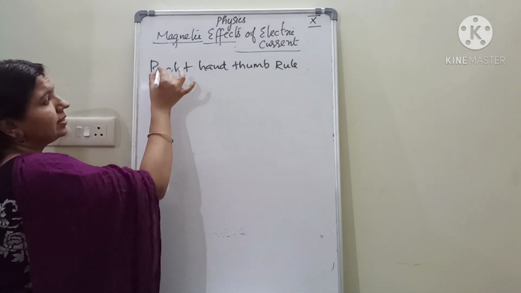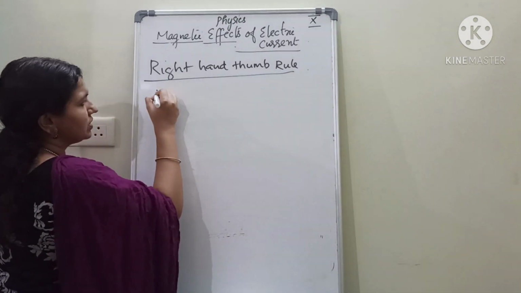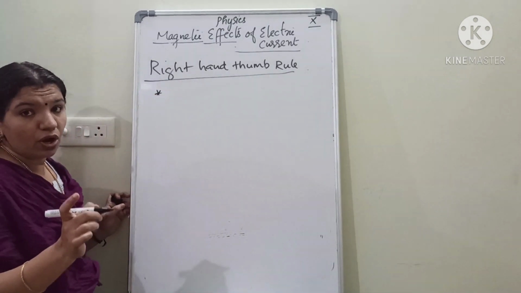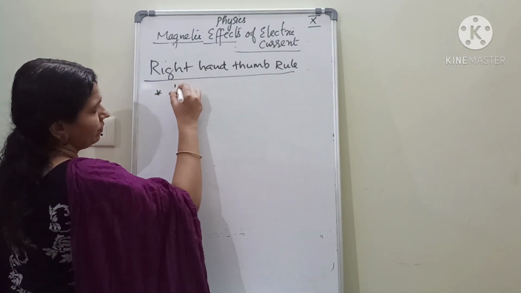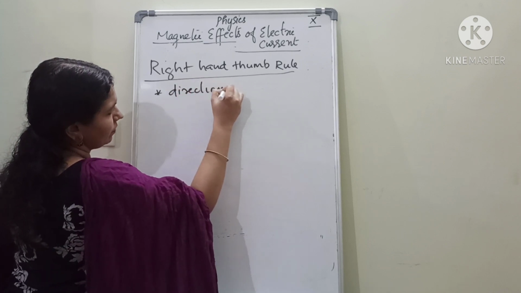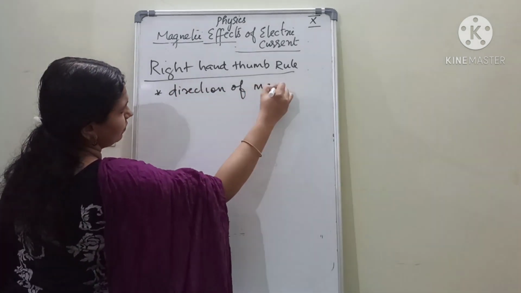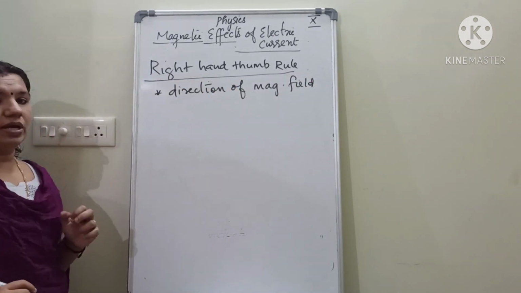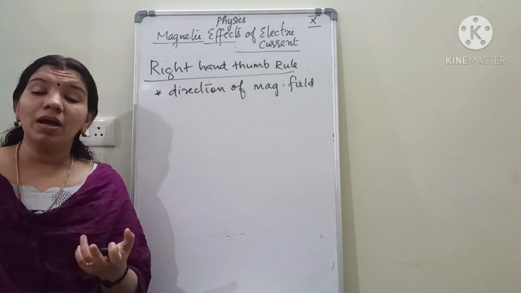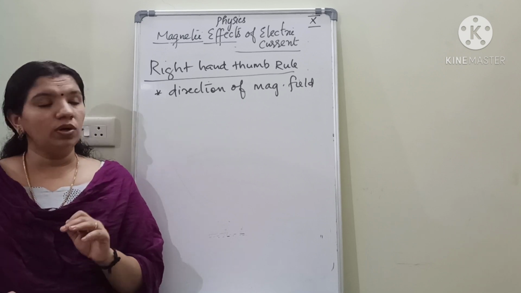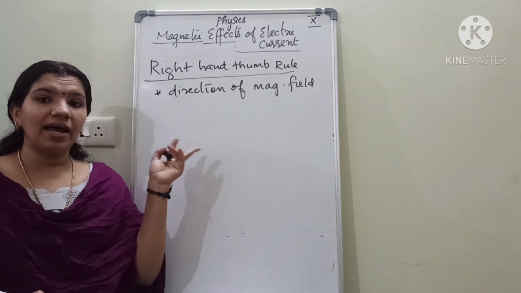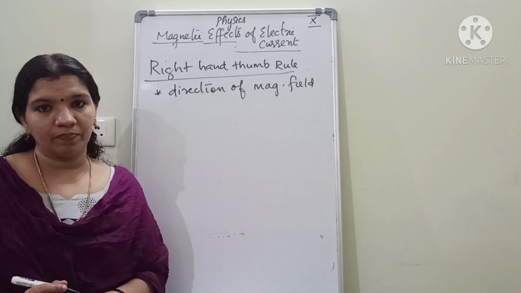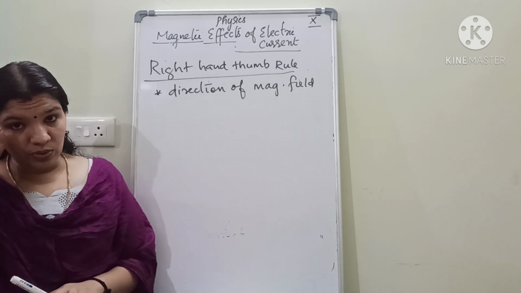As I told, this right hand thumb rule is used to describe the direction of magnetic field. So if a question is asked like name and state the rule used to describe the direction of magnetic field, what will you say? First you have to name the rule.